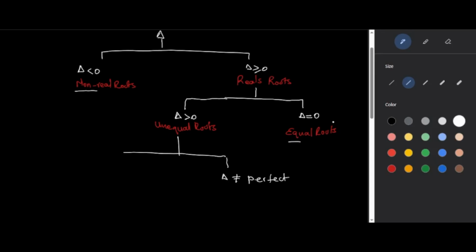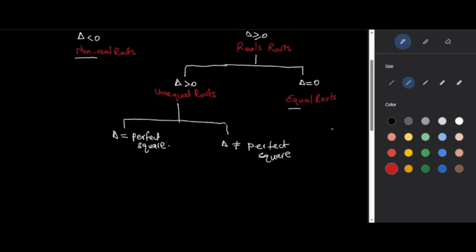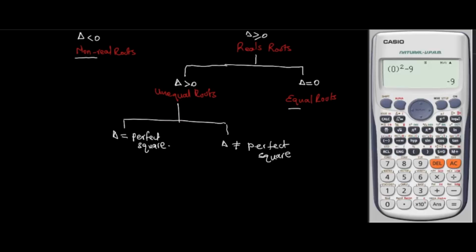I'm going to explain that now. Or you're going to have your discriminant equal to a perfect square. Let's say that you got your discriminant to be 17. 17 is not a perfect square because when I put 17 on my calculator, look at the root of 17.